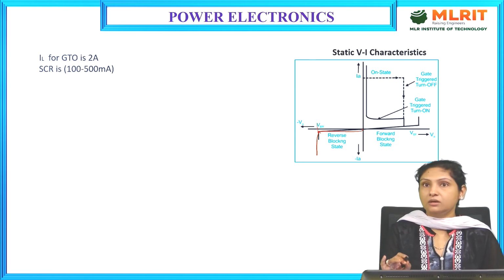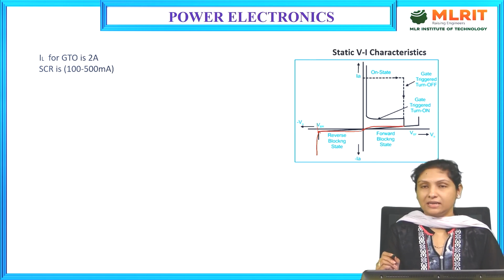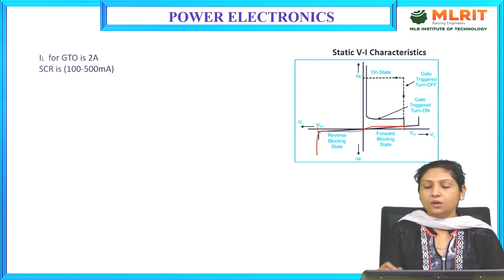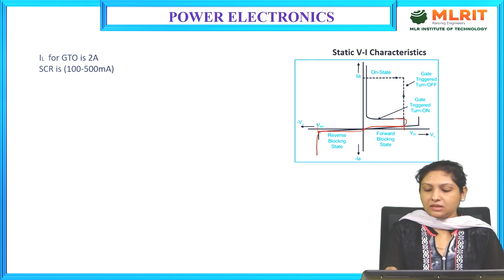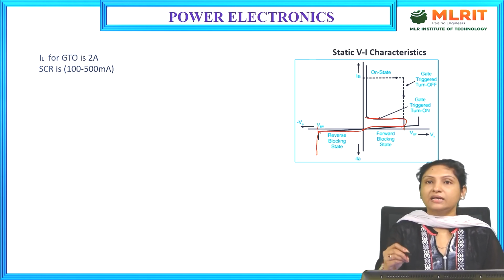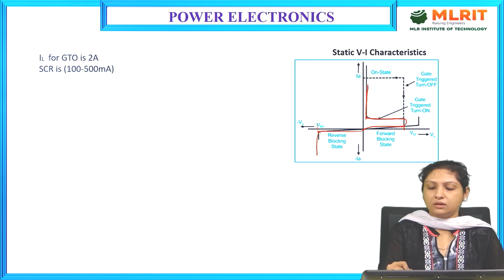During this state, leakage current will be flowing through the device. And the moment it reaches the forward breakover voltage, at that instant, when the required magnitude of gate current is applied, the device starts coming into the conduction state, and thereby the GTO starts conducting the forward current.